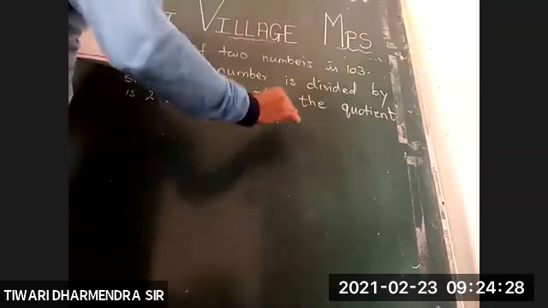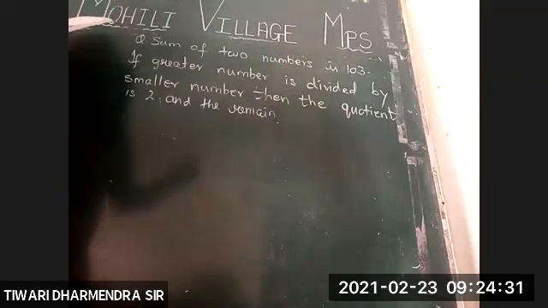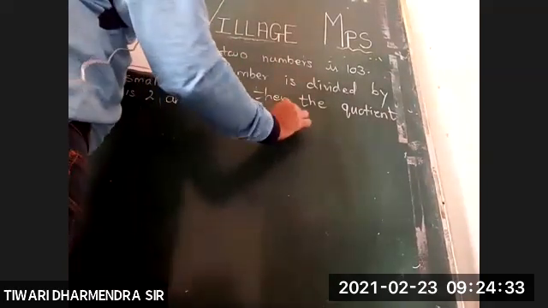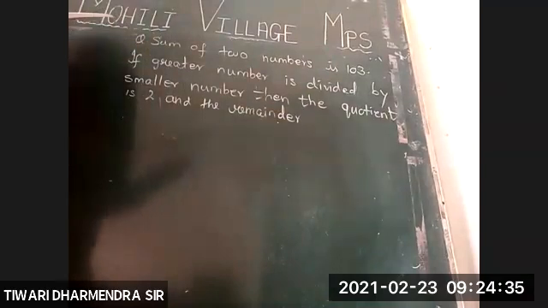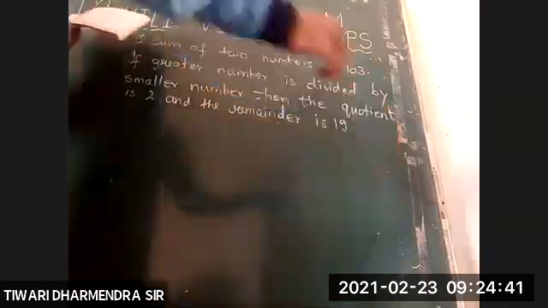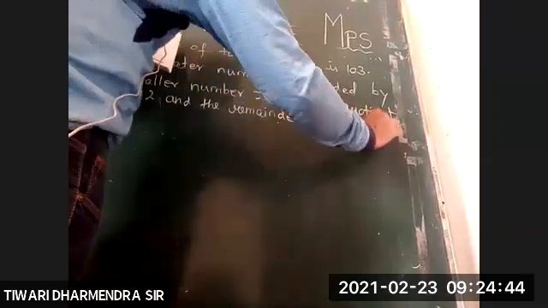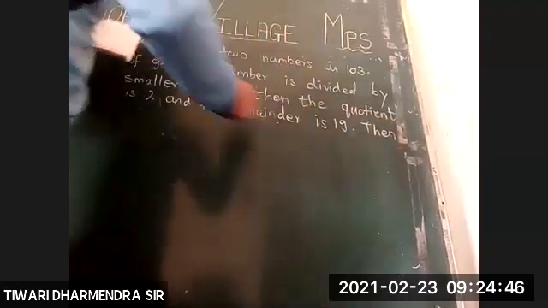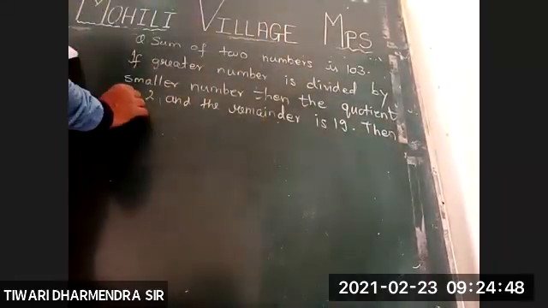This is a problem based on dividend is equal to divisor into quotient plus remainder, if you remember. Then find the numbers.